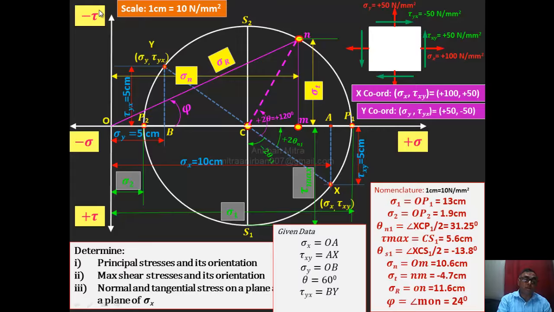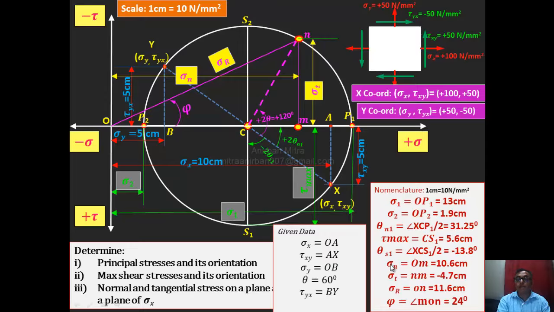So upward direction is a negative value, and here sigma t is above the x-axis, in the upward direction. That's why it comes as negative 4.7 centimeter, and if you multiply by 10, it becomes minus 47 Newton per mm square. If you calculate with your analytical formula, you also get the negative value. So you have to refer to this sign convention.